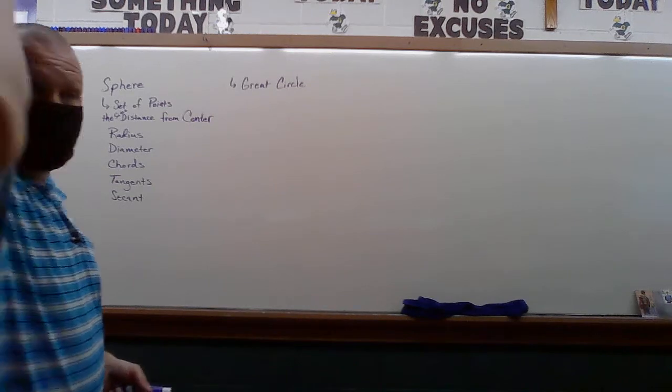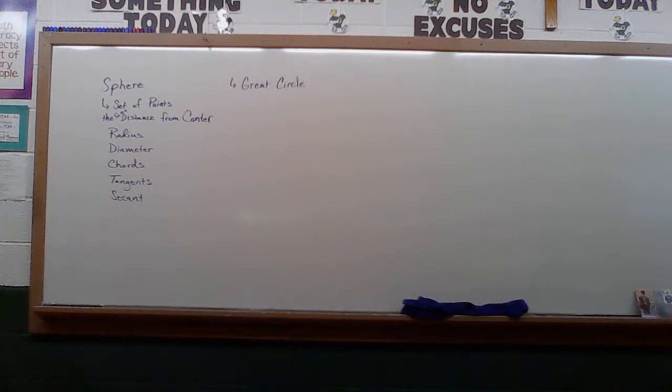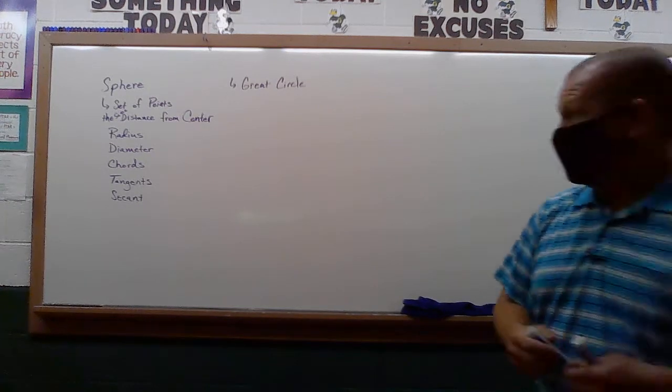Now, if I chopped it off right down the middle, would I still see a circle? And what would be the difference between that circle and the first circle that I looked at if I just chopped off the head of the ball? It's bigger, right? And if I chop it straight down the middle, what has to be true about that great circle? Exactly.